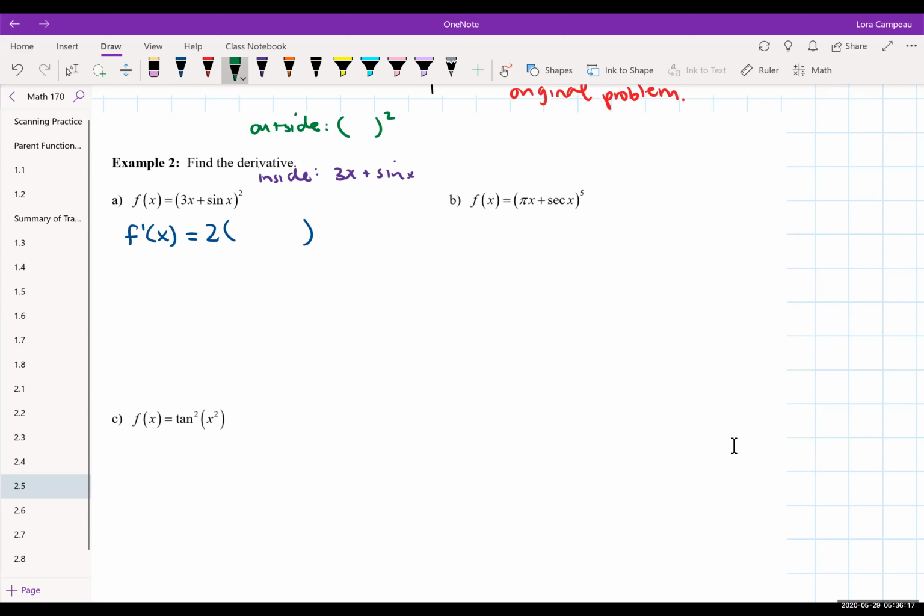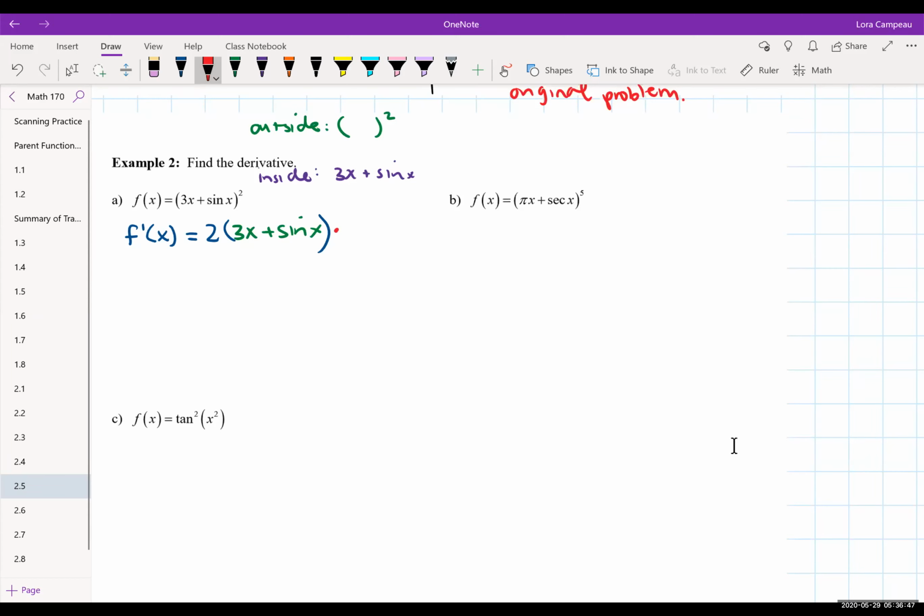So we have 2 times the 3x plus sine of x. Let me write that plus sign a little nicer. I'll give myself more room. So one more time, 3x plus sine of x. And then if you subtract 2 minus 1, you get the power of 1, so you don't have to write the exponent. But now we're looking at the chain part.